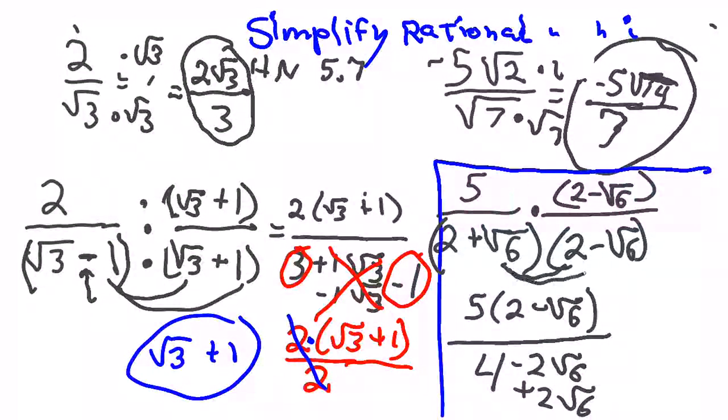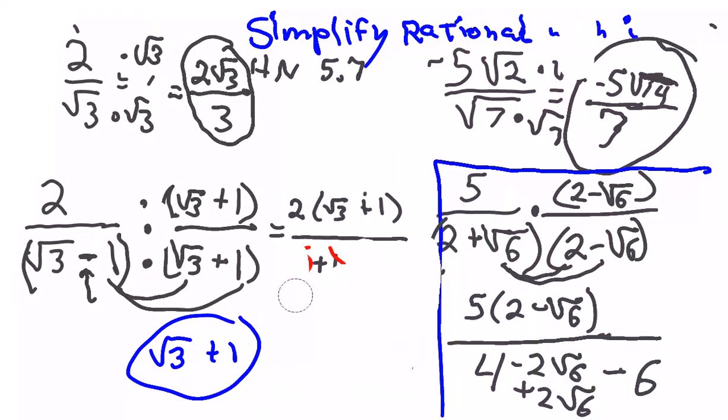And last one, positive square root of 6 times negative square root of 6 is negative 6. I'm going to erase this over here to make space for the next part.